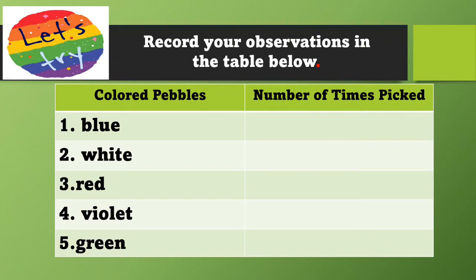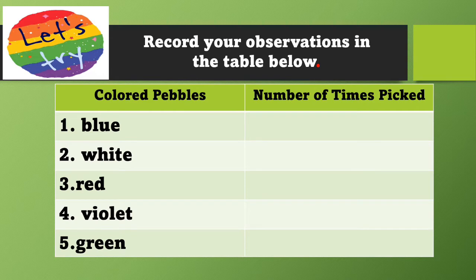So we are going to record your observations in the table below, the colored pebbles and the number of times picked. As what I have counted a while ago, what is the expected outcome that you are going to pick the blue pebbles? How many times?